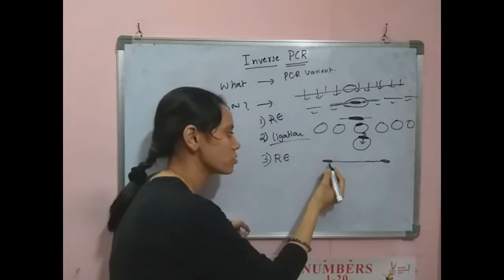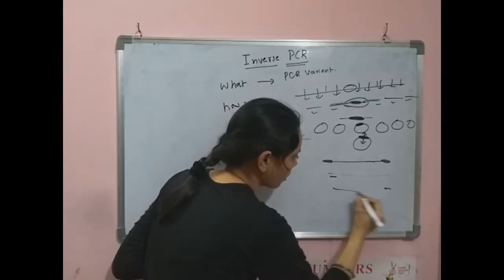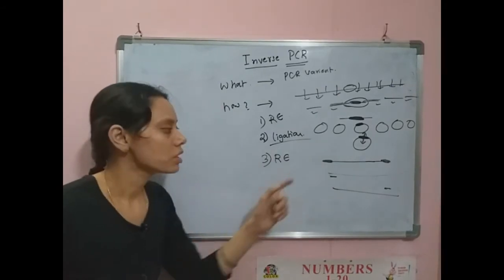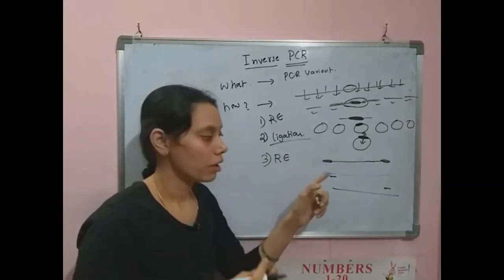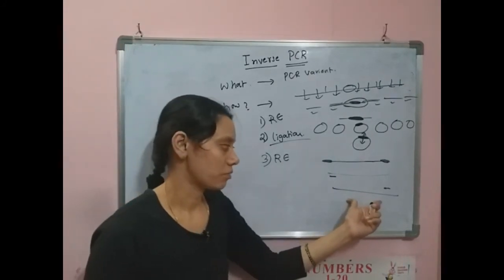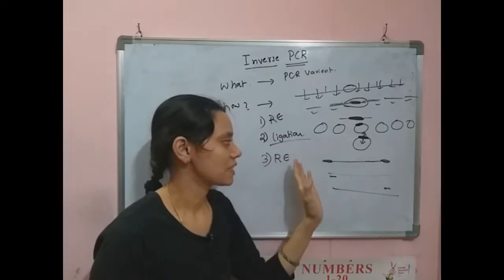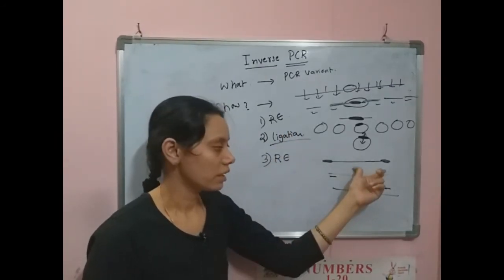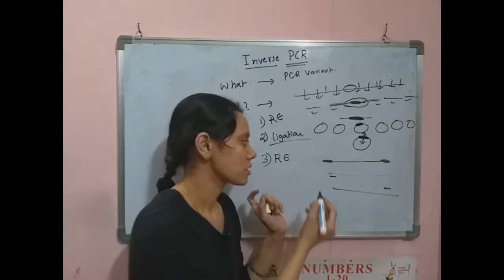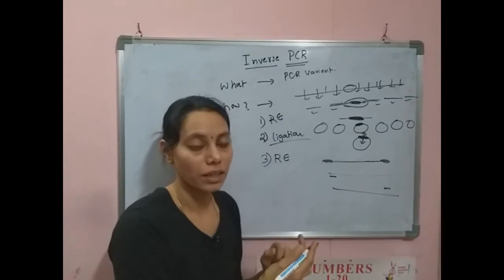So by using this product we can simply design our primers, forward primer and reverse primer, because the end portions of this inverse PCR product are already known. That means after these three steps the targeted DNA is changed in such a way that the known portions are now towards the ends of this target DNA.